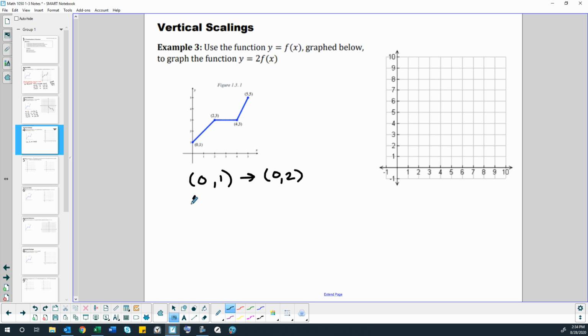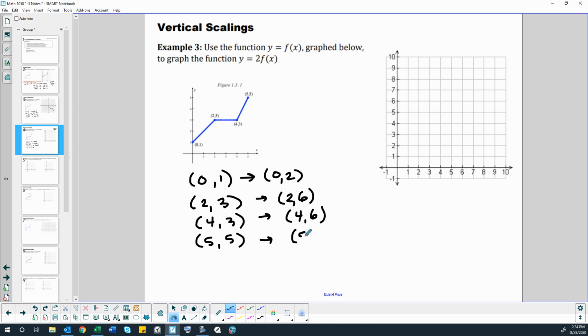We take our point at 2, 3, and we multiply just our y value by 2, and we take our point at 4, 3, and we multiply just our y value by 2, and then we take our point at 5, 5, and we multiply just our y value by 2.